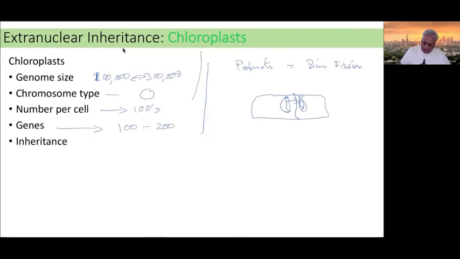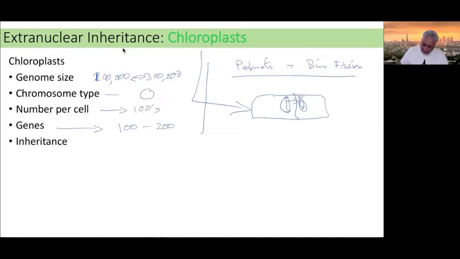Well, chloroplasts also reproduce in the same fashion inside plant cells. And guess what? So do mitochondria inside plant cells, and mitochondria inside animal cells. So this process of division is common to prokaryotes, chloroplasts, and mitochondria. Another line of evidence to suggest that mitochondria and chloroplasts were once prokaryotes.